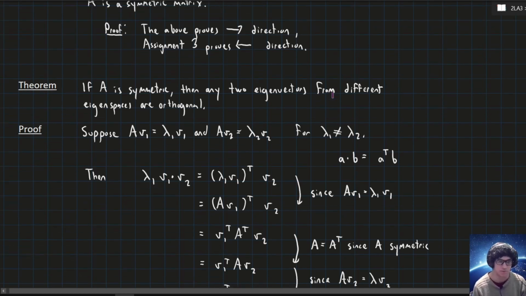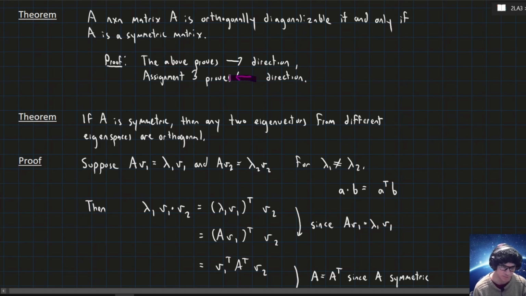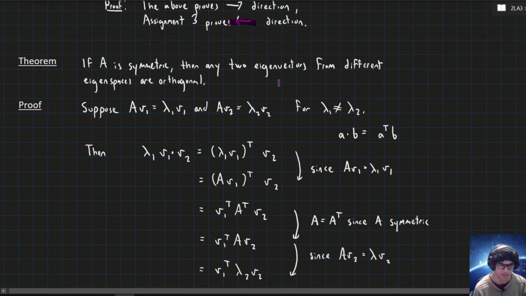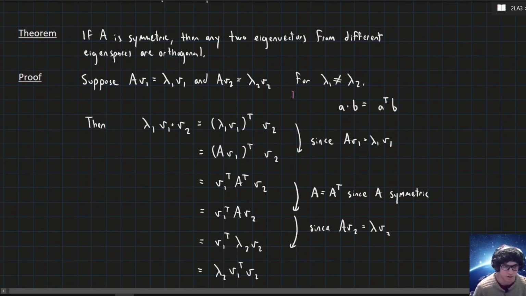It's a piece of proving this direction, but we need this piece. Here's how we prove this. Suppose we have that A v1 equals lambda 1 v1. In other words, v1 is an eigenvector with eigenvalue lambda 1.